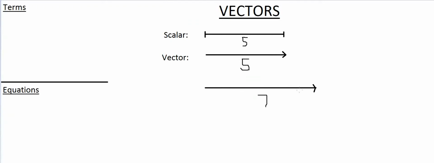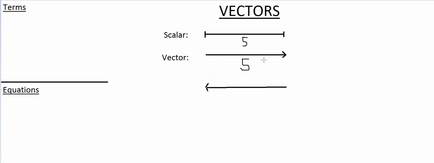A vector has a direction also, which means a vector can also take on negative quantities. If this vector has a magnitude of 5 and is pointing in this direction, a vector that is negative 5 would have the same magnitude, like this, but pointing in the other direction.